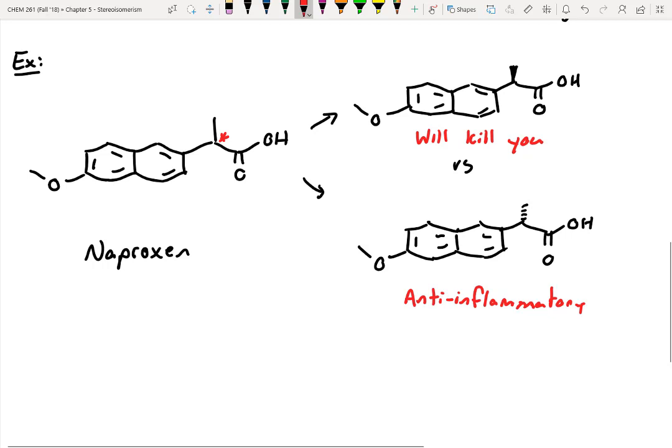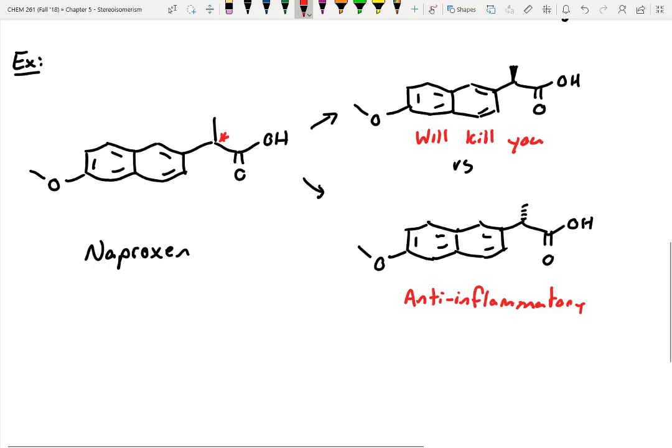Historically, it's much more challenging to make one-handed molecules rather than a 50-50 mixture. Yeah? So if it's more expensive and there is maybe not a very large risk, but a risk that one of those will kill you, is it a better anti-inflammatory? So the question was, is it better than ibuprofen? I believe so.